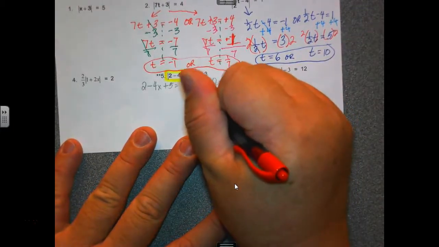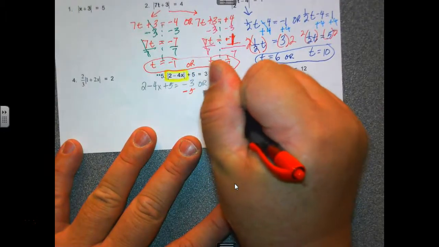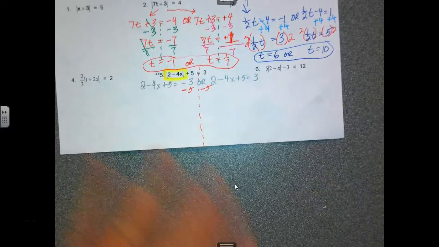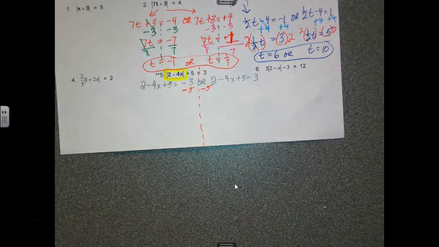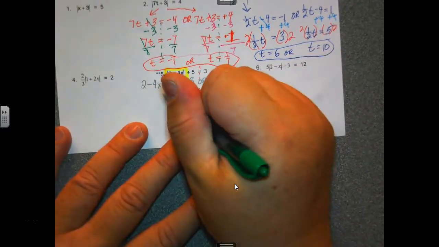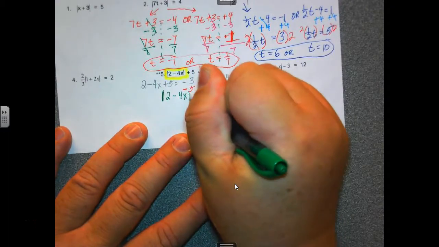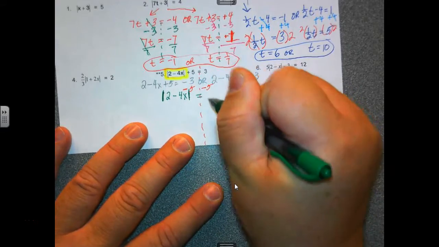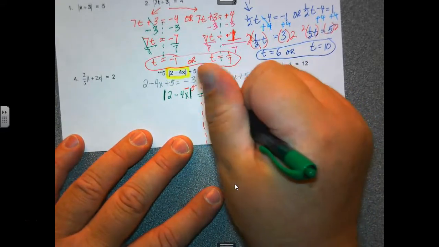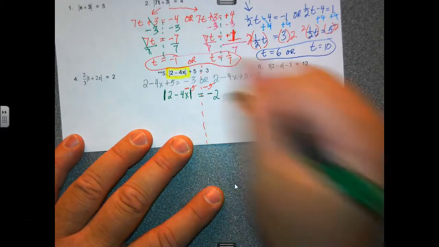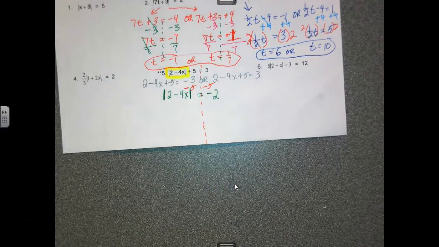You must subtract 5 from both sides first. That gives me my absolute value of 2 minus 4x equals 3 minus 5, which is negative 2. Then split it up.